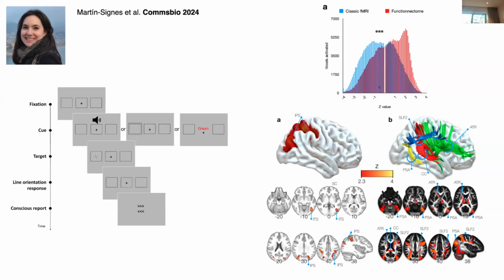But as soon as you're able to report those stimulations, this target on the screen, then you light up full power, more than classical fMRI analysis, for significant Z values. And those include a large network of regions. They include frontoparietal connection, the posterior segment of the arcuate fasciculus, anterior thalamic radiation, and corpus callosum.